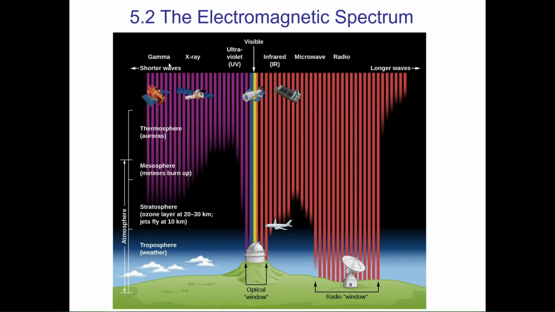The type of electromagnetic radiation that has the shortest wavelength, therefore the highest frequency, and at the same time the most strength, or the most energy associated with each photon, is actually gamma ray.